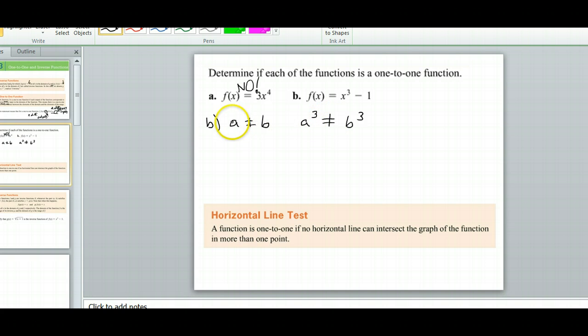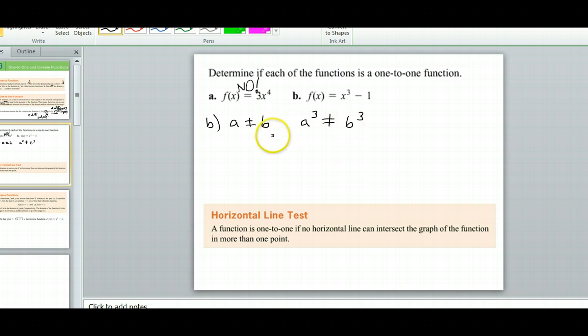Think about it again. A is not equal to B, so A times A is different than B times B. A times A times A, or A cubed, is not the same as B times B times B. They weren't the same to begin with, so when we multiply them by themselves multiple times, they're not going to somehow become equal.